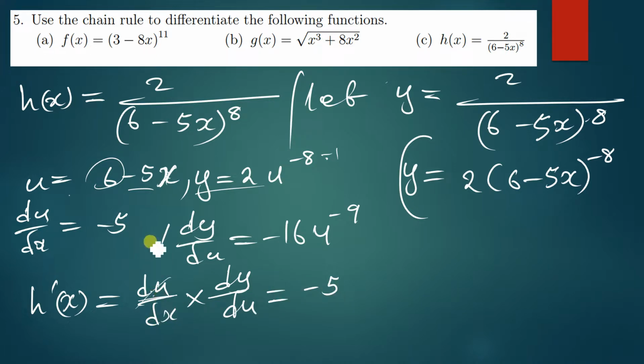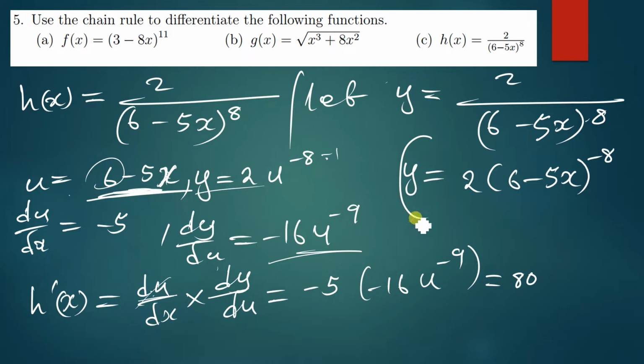We're multiplying it with dy du. So dy du is this expression, which is negative 16 u to the power negative 9. So we can simplify this by replacing back the expression for u there. So negative 5 times negative 16 will give us positive 80. Then the value of u, according to what we said, is 6 minus 5x.